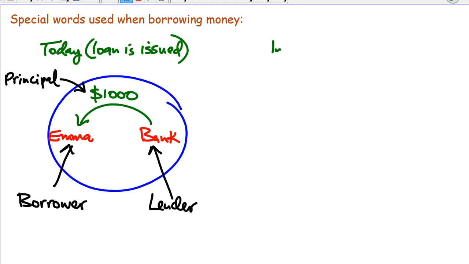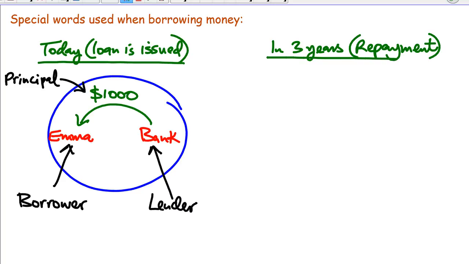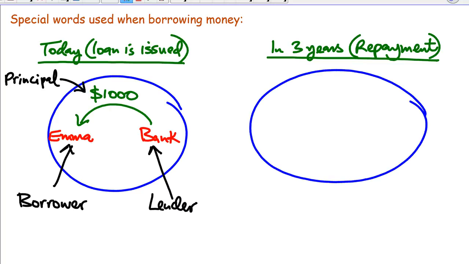So, in 3 years, we have the repayment. So, this is today, remember. And this is in 3 years. We have the repayment. So, during the repayment, what's happening? We can represent it here again.